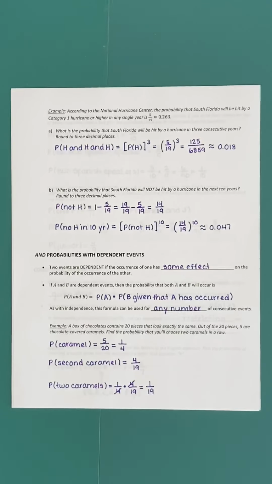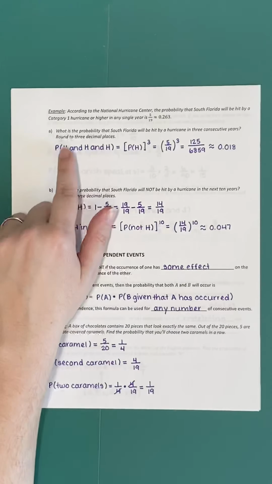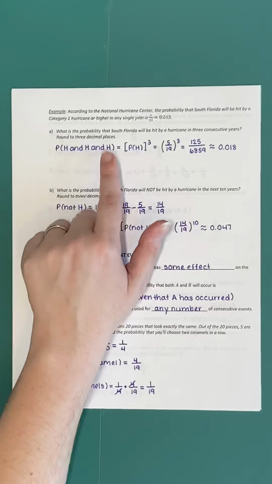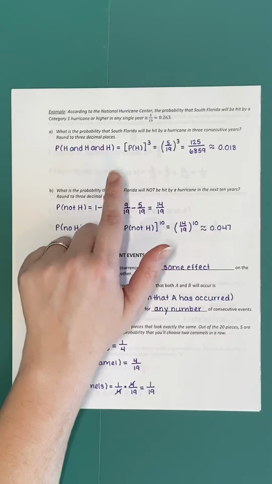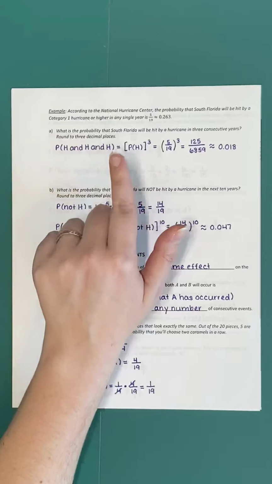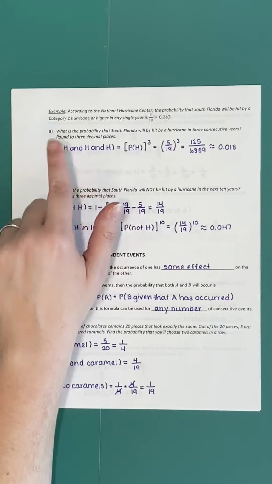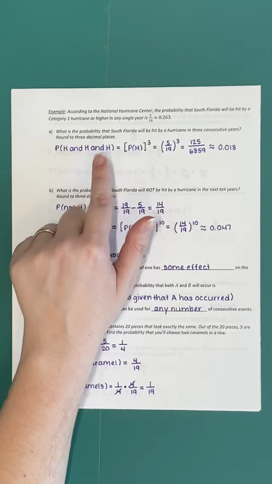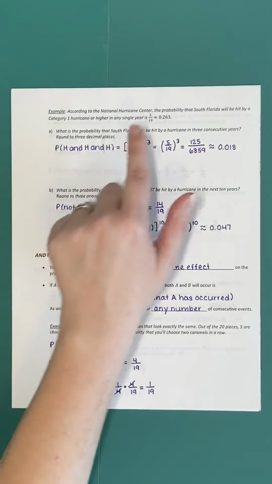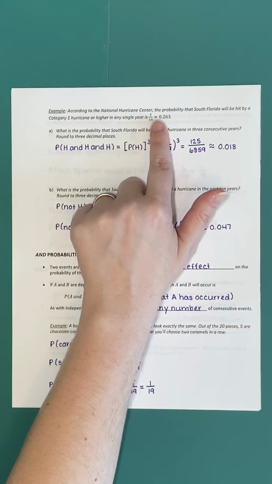So that means the probability of each of these 3 events is the same. So Hurricane 1 has no effect on Hurricane 2, how likely or unlikely it is, and then same thing for Hurricane 3. Now also, because we're looking at 3 years of the same event, the probability for each event is going to be the same. So probability of Hurricane 1 is going to be 0.263.